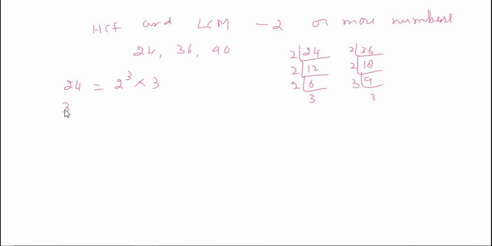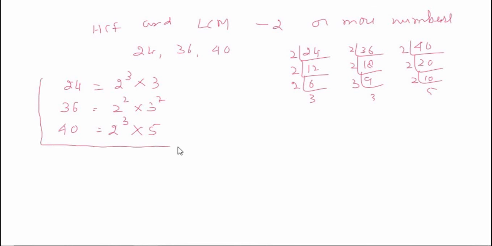So 36 can be expressed as 2 to the power 2 into 3 to the power 2. Now 40. 40 divided by 2 is 20, divided by 2 is 10, divided by 2, 5. So 40 can be expressed as 2 to the power 3 into 5. Now you have the prime factors for all these three numbers.